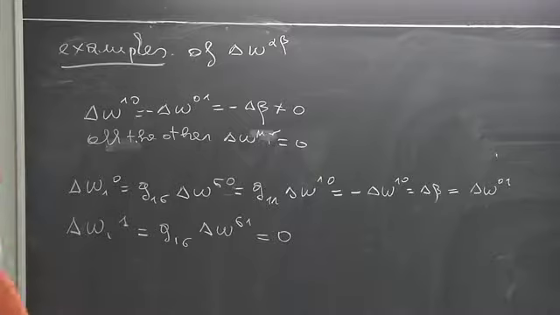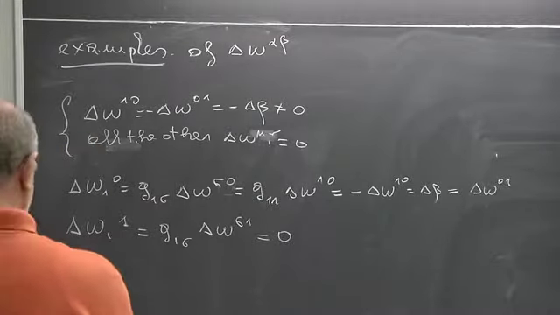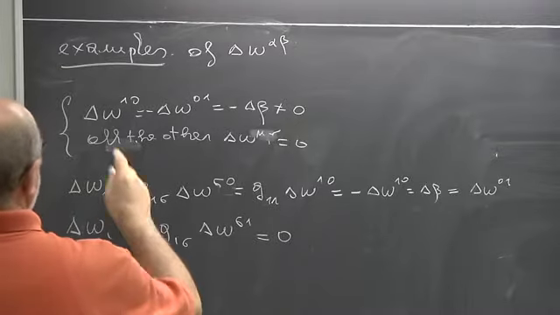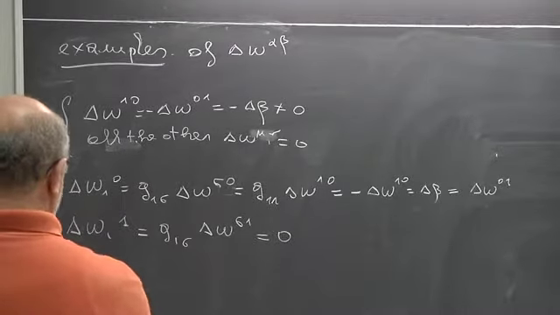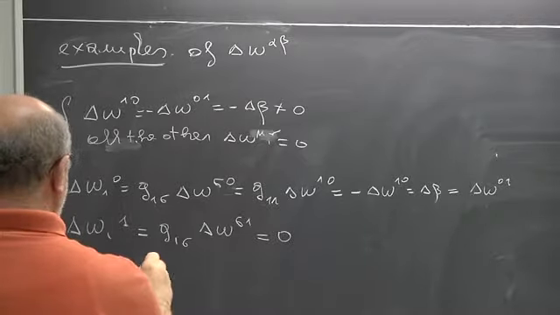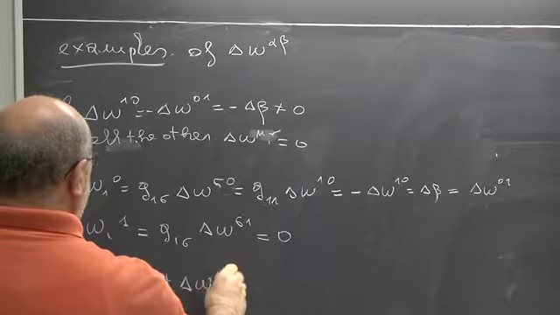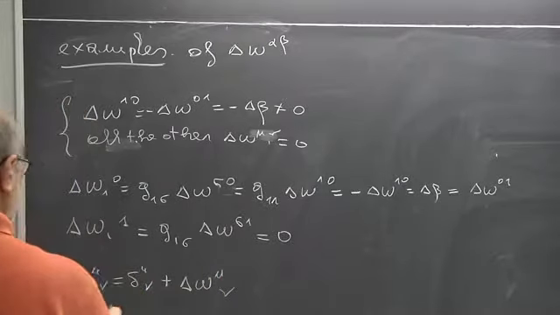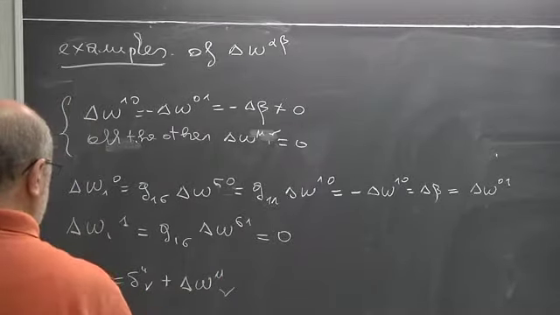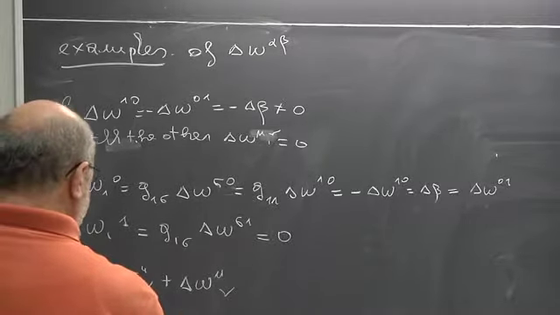Now that we have this, let's do the transformation. Remember that A mu nu is equal to delta mu nu plus delta omega mu nu, and x prime mu is equal to A mu nu x nu.